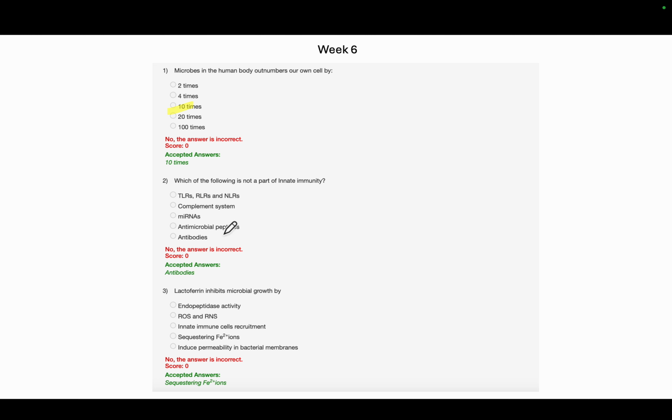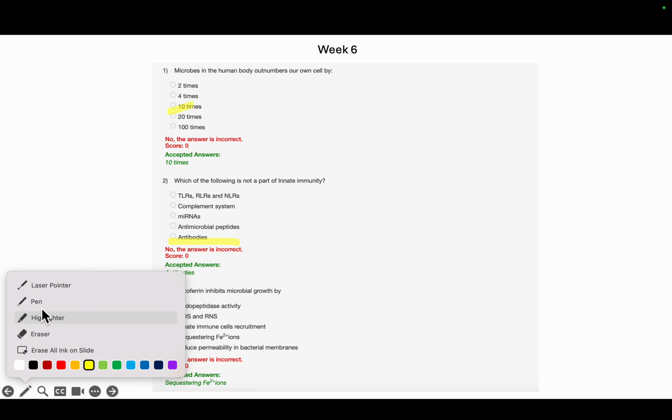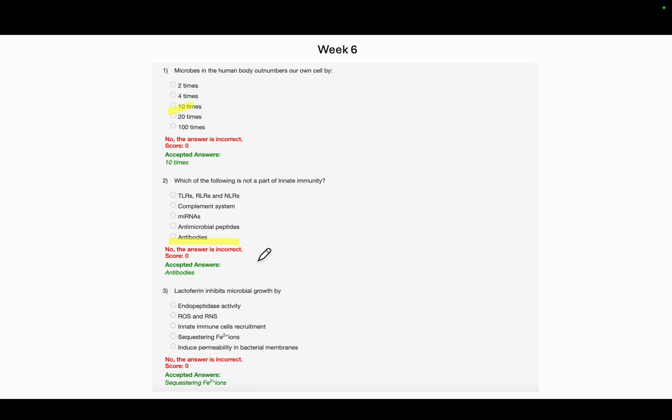So the answer will be antibodies, which is a part of adaptive immunity.